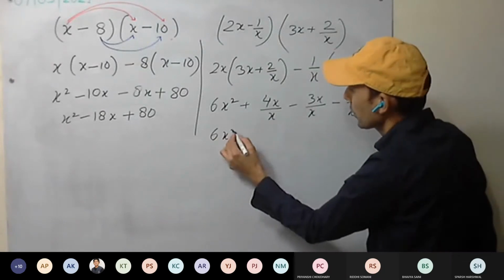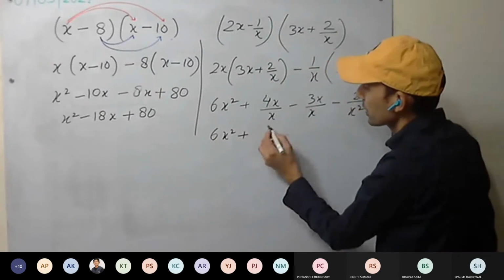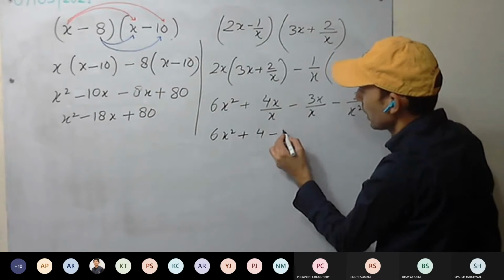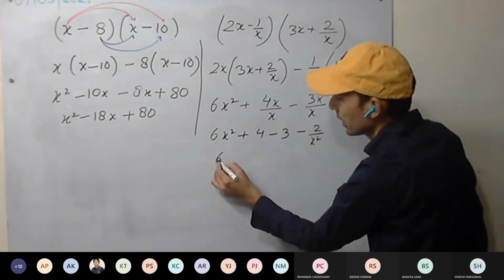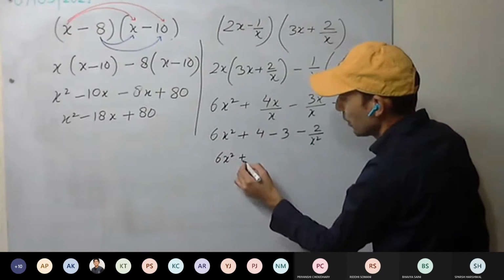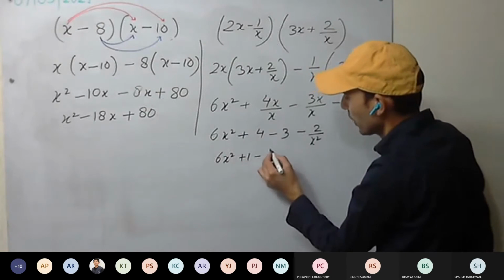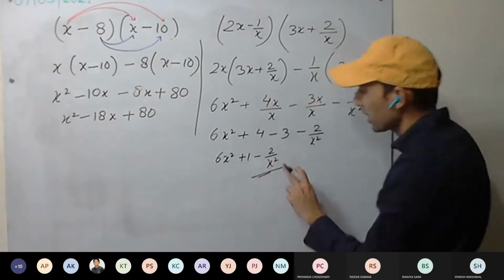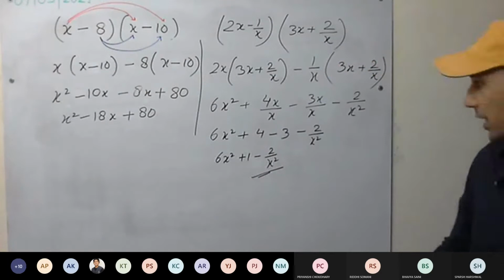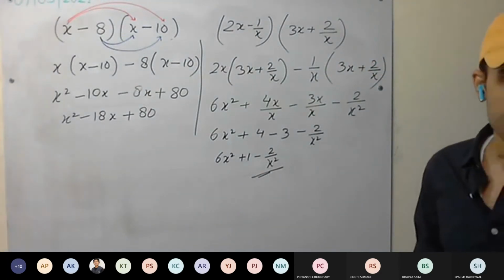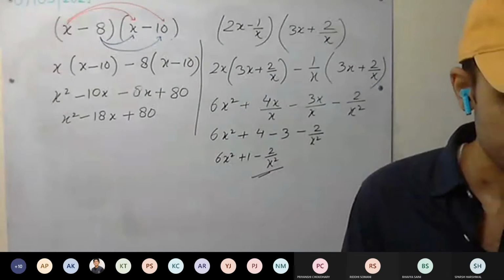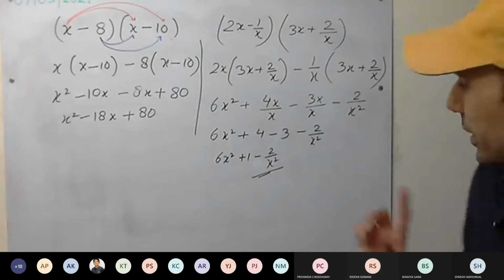So 6x square plus 4 minus 3 minus 2 upon x square. 6x square plus 1 minus 2 upon x square. Check with your answer. Is mine correct?